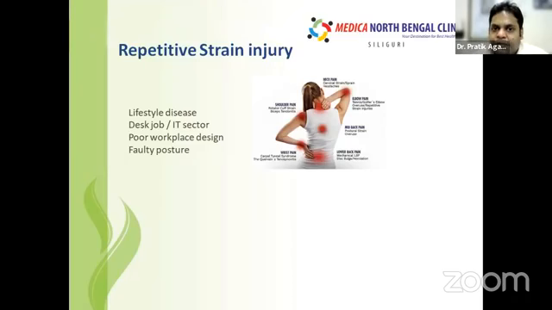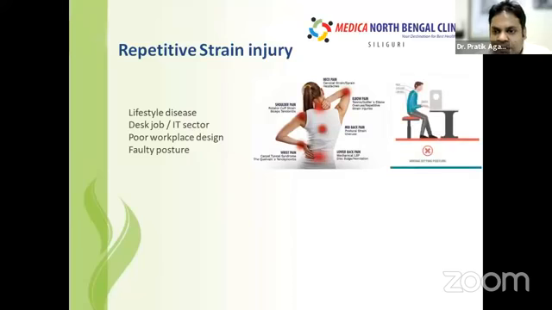And that repetitive strain is mainly because of the faulty workplace situation. For example, it is more common in desk jobs or the IT sector. There is a poor workplace design and faulty posture. I'll be discussing this in the next slide.